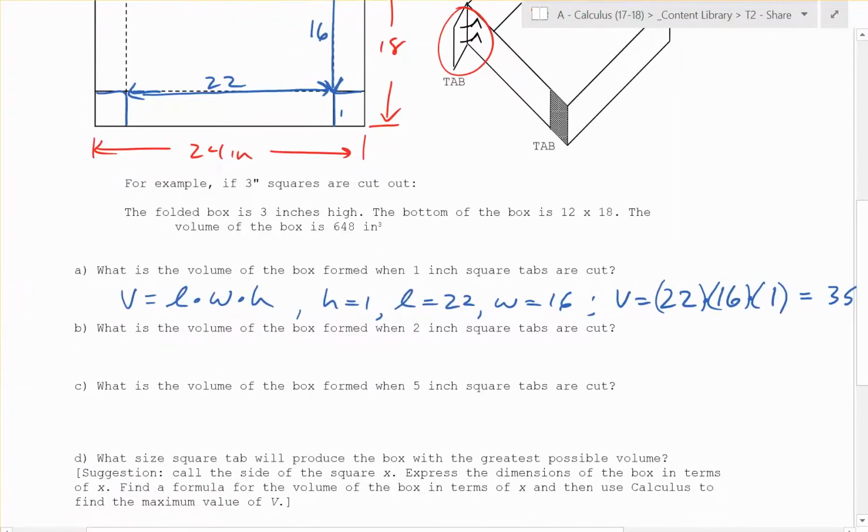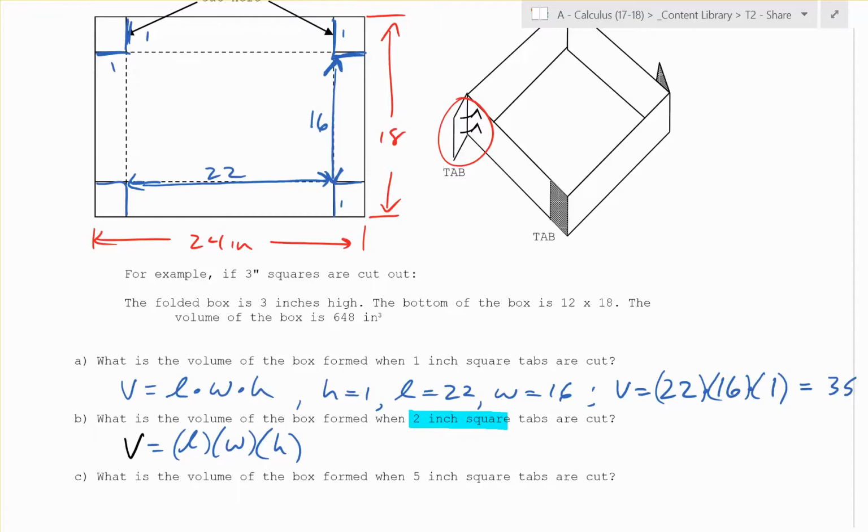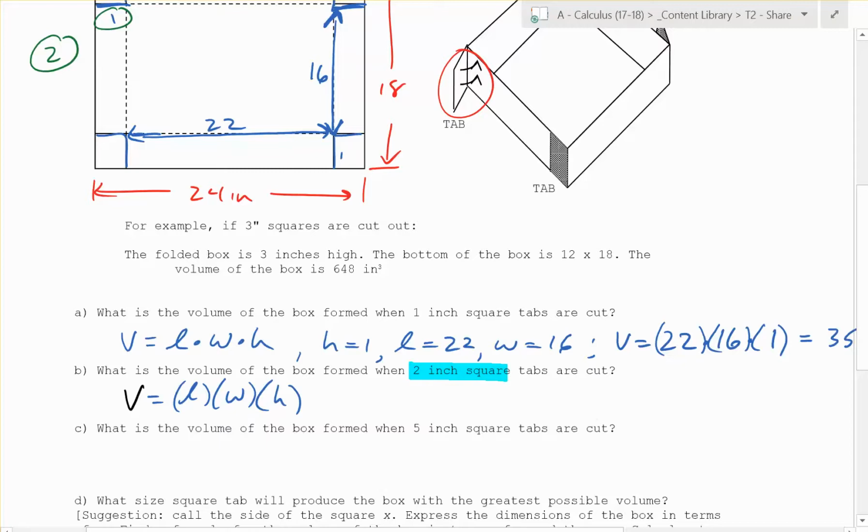So what happens if you do the same thing but you cut out 2-inch squares? You're going to do the same thing. You're using volume equals length times width times height. Let's use green this time. If we made them 2 by 2, instead of cutting out 1 from each side, you'd be cutting out 2 from each side. So the height becomes 2, but the length also changes.